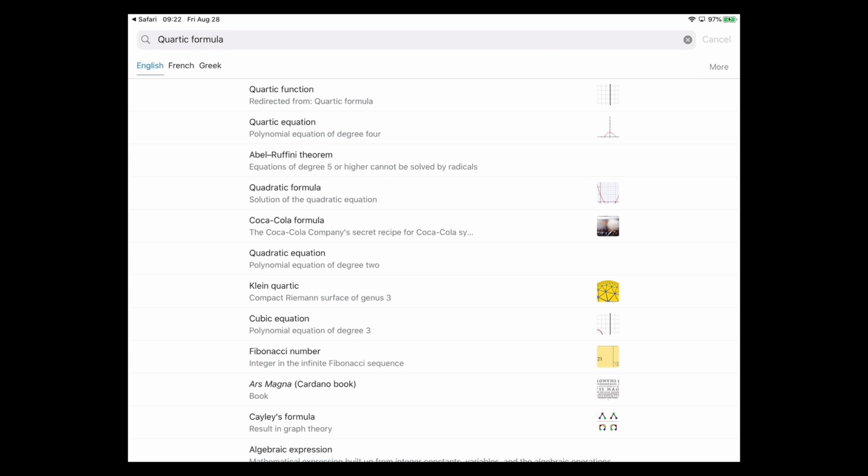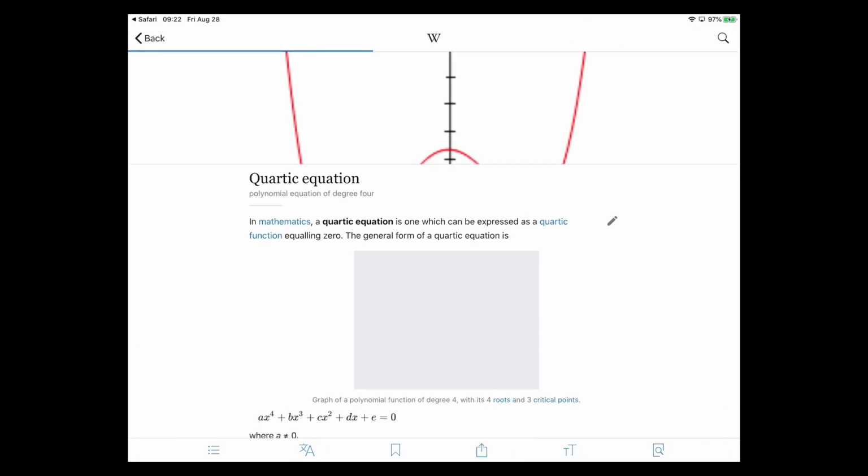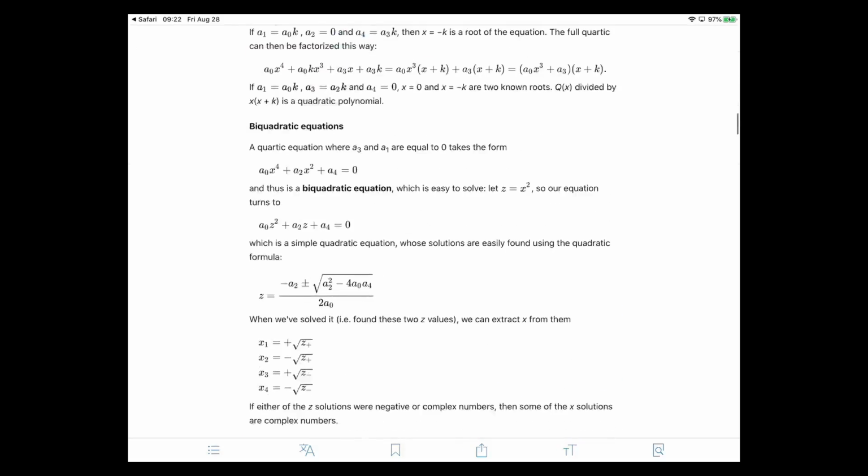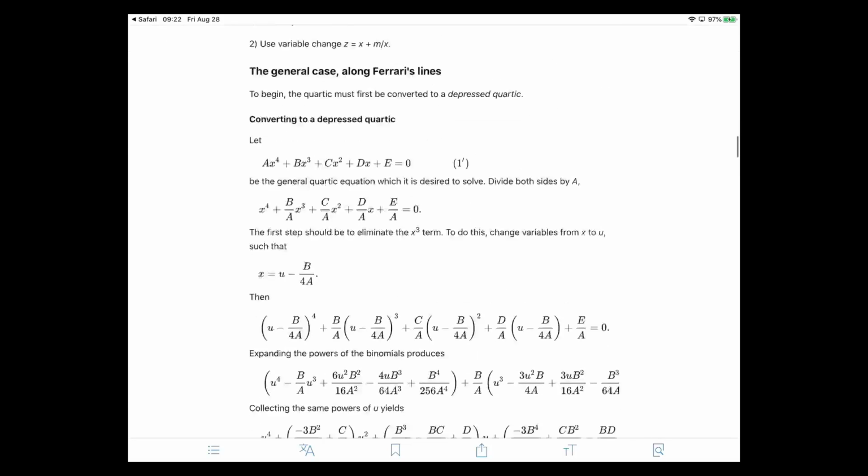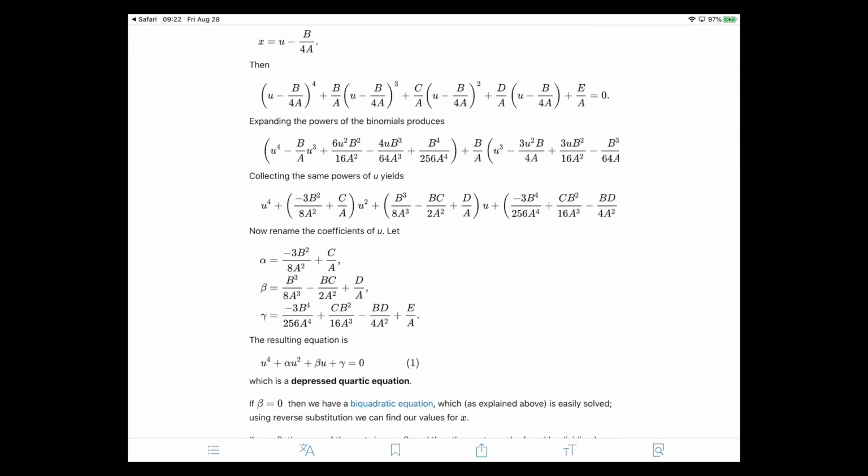Let's talk about that later. Here's the formula, but of course the B's and A's and stuff are themselves even worse. Now it is solvable, but it's horrible.